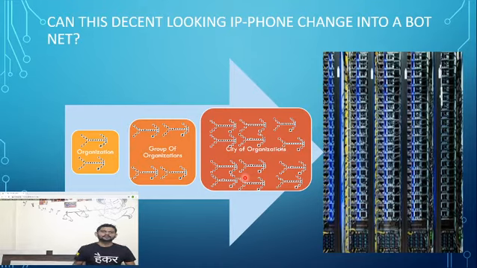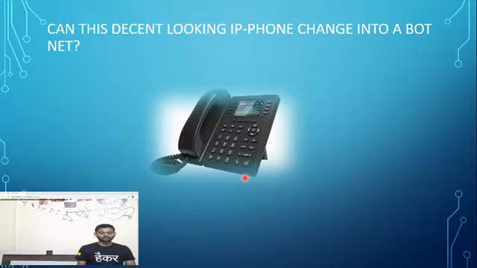Now imagine if you manage to get access over multiple countries. 50,000 bots, 1 lakh bots, 10 lakh bots, million bots, billions and billions of bots with one exploit, right? An IP phone is the most common gadget you can see in your day-to-day life. So let's see how to do it.